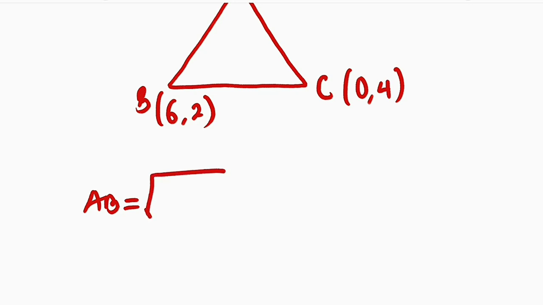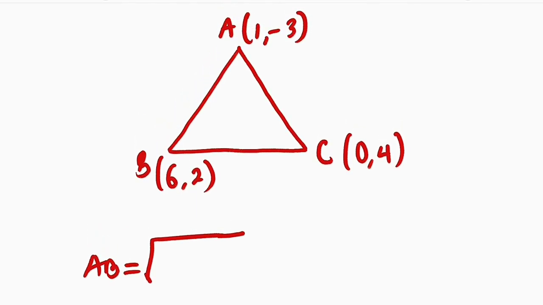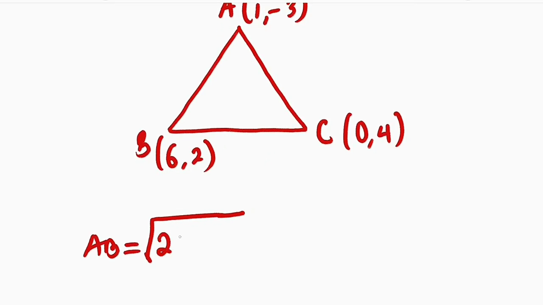Square root of x2 minus x1 squared plus y2 minus y1 squared. And you can start from either side. So if I consider this one as x2 and this as x1, I have 1 minus 6 all squared. And 1 minus 6 is minus 5. Minus 5 squared is 25.